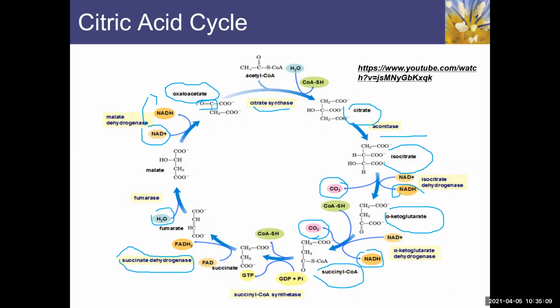What about GTP? 2 GTPs, absolutely. Other than that, how many molecules of CO2? Yes, 4 molecules. Remember, per 2 molecules of acetyl-CoA. I'm just repeating this once again, okay, per 2 molecules.